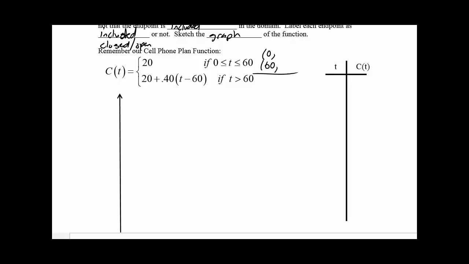In the top equation, for 0, I'm going to put a 20, so it's 0, comma 20. For 60, since it's less than or equal to 60, it's also going to be 20. Both of these are included.